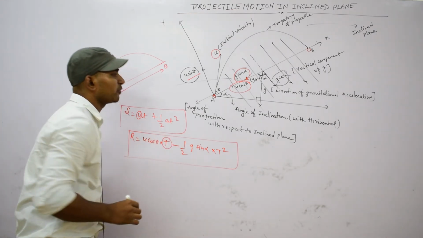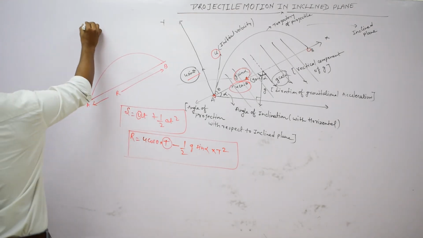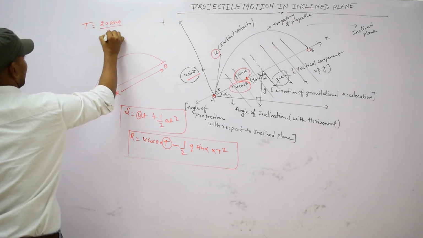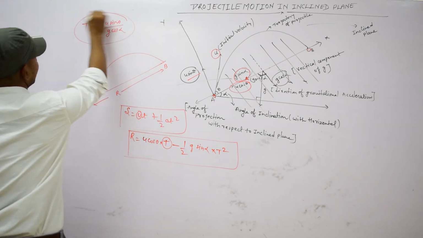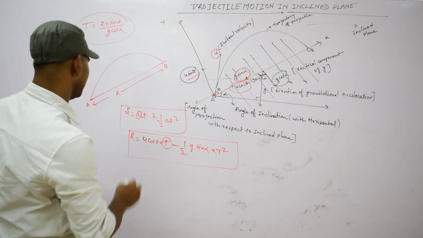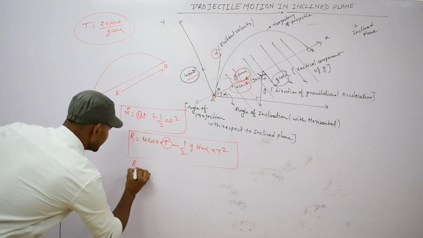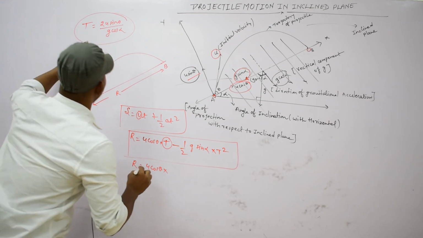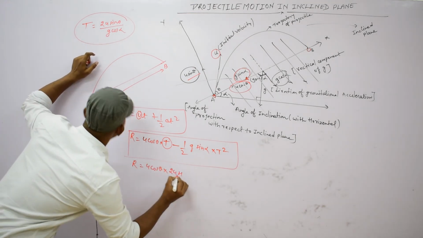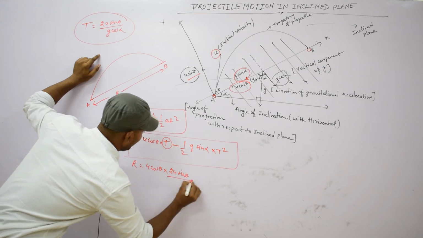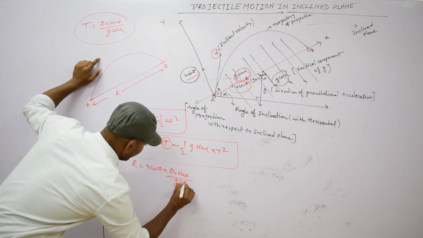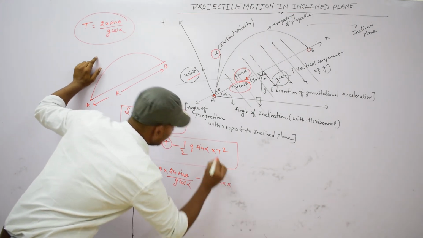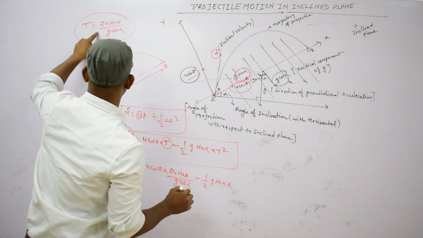Now earlier you have proved the flight time formula, that T is equal to 2u sin theta upon g cos alpha. So in place of t you can put this particular equation. So now see here that R is equal to u cos theta, in place of t put this value, 2u sin theta upon g cos alpha, minus 1 by 2 g sin alpha into t square, meaning the whole square of it.